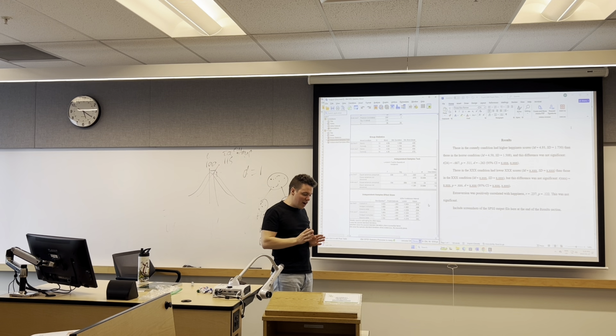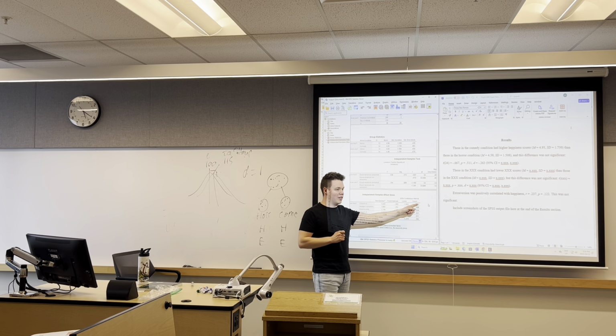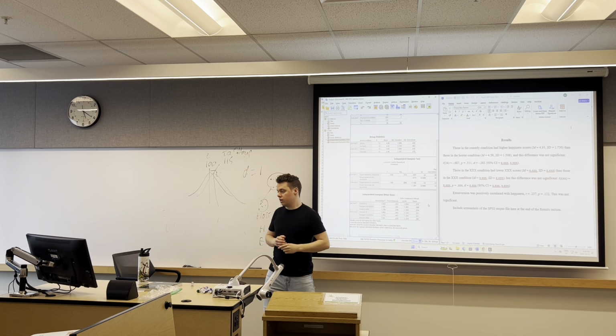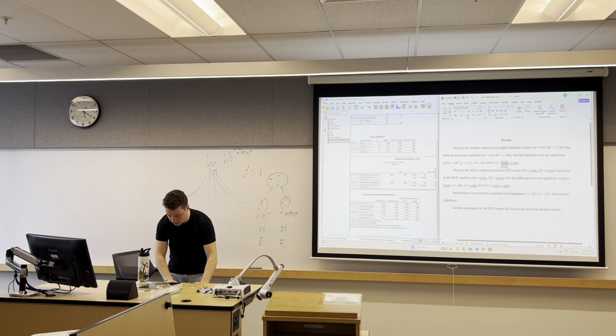It means you're 95% confident that the real effect size is somewhere in between these two numbers. That's what it means. So we put the first one here, the lower one goes first, so minus 1.034. And 0.5.